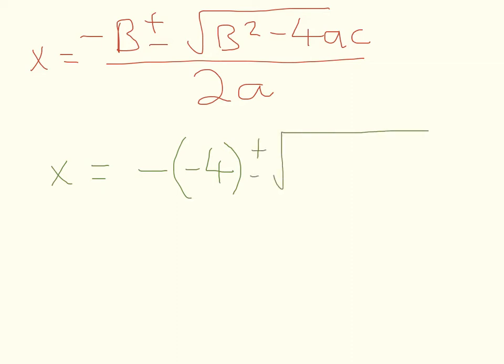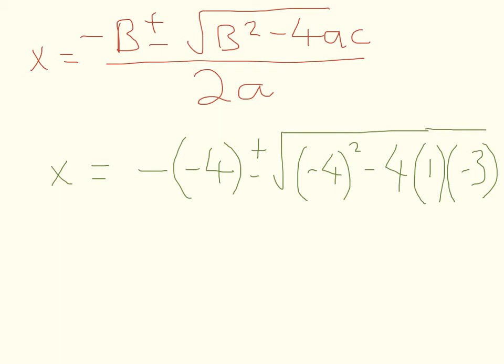Square root of b squared, which will be minus 4 squared, minus 4 times a, which is 1, and c, which is minus 3. And that's all over 2 times 1. Okay, so that's where we are so far.